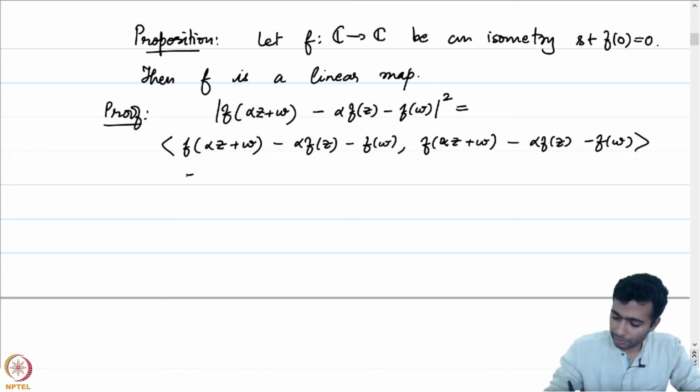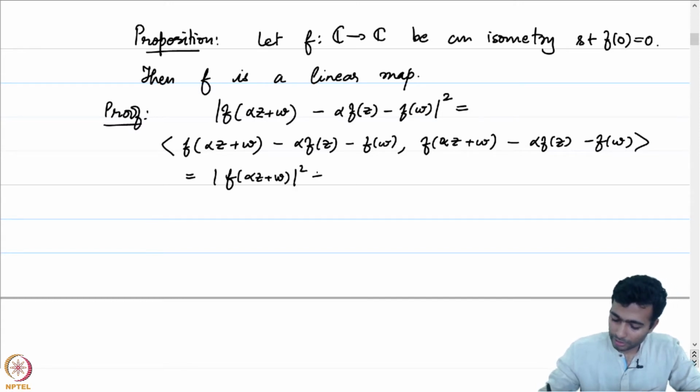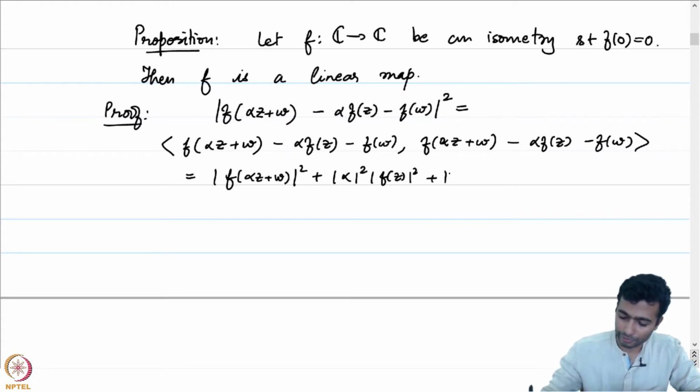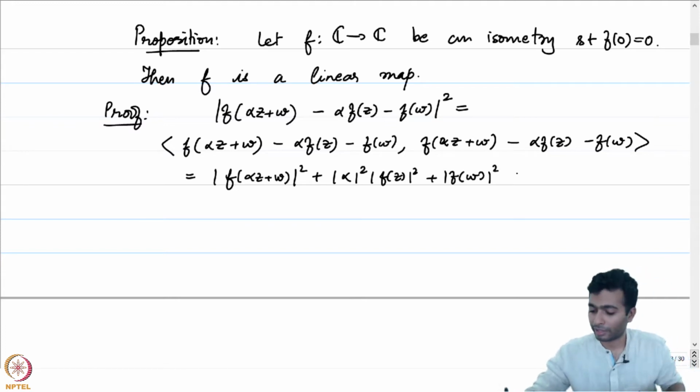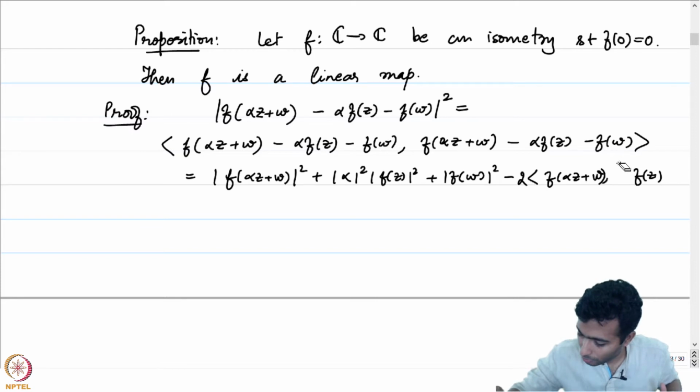So this is going to be the absolute value of f of alpha z plus w the whole square plus absolute value of alpha square f of z square plus absolute value of f of w square, and there will be terms involving the inner product with f: minus 2 times the inner product of f of alpha z plus w with alpha times f of z.